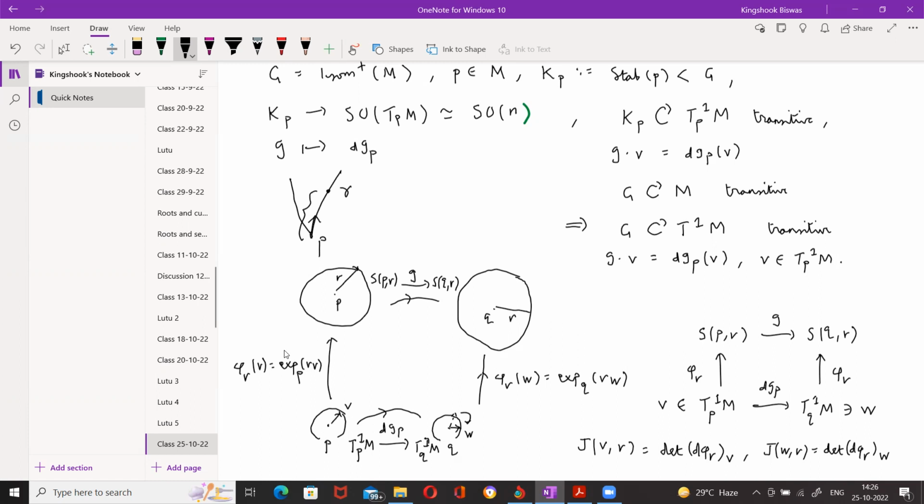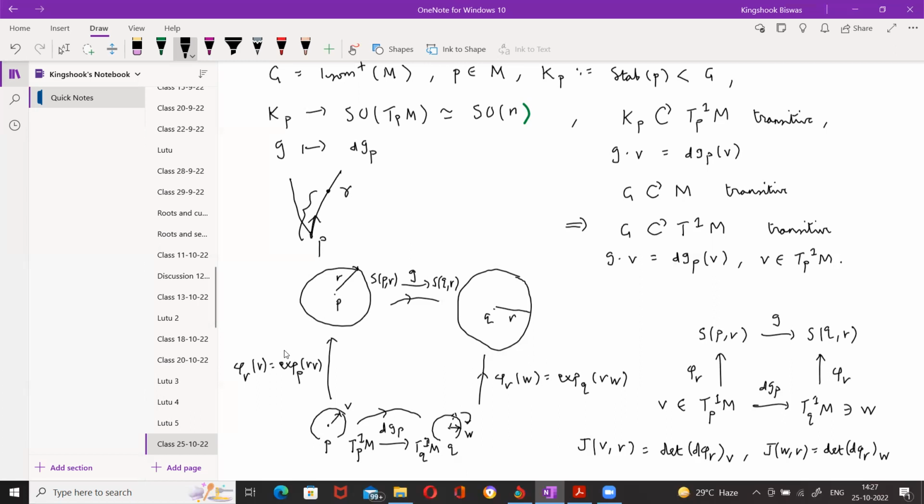And the horizontal arrows, the determinants are 1. Therefore, for the 2 vertical arrows, the determinants are equal. Is this okay? Yes, sir. Rudroda, is this all right? Yeah. Okay. So this shows that the rank 1 symmetric spaces are harmonic manifolds.